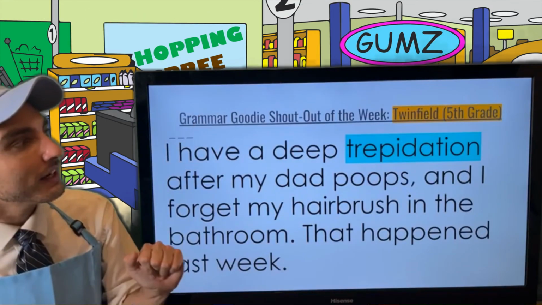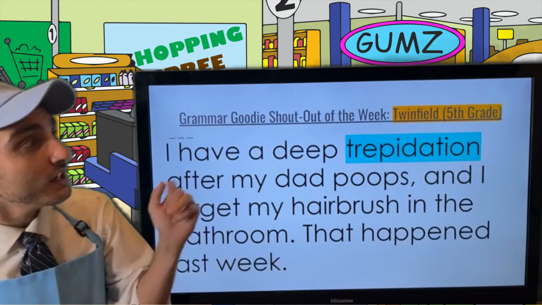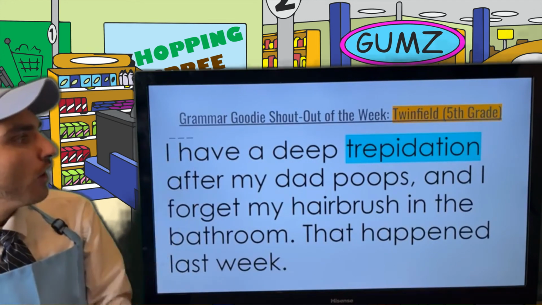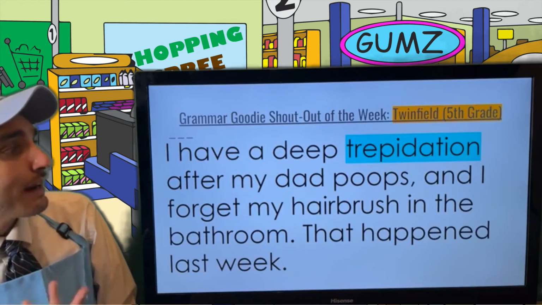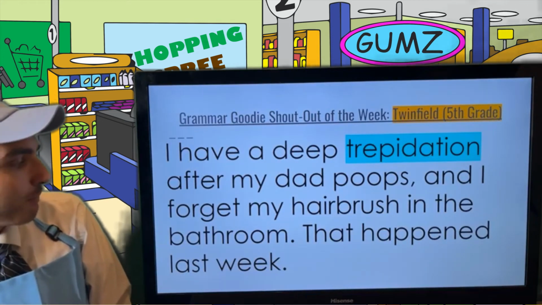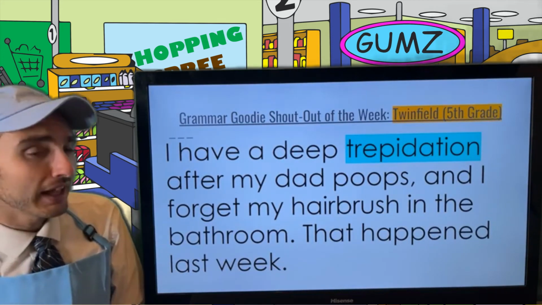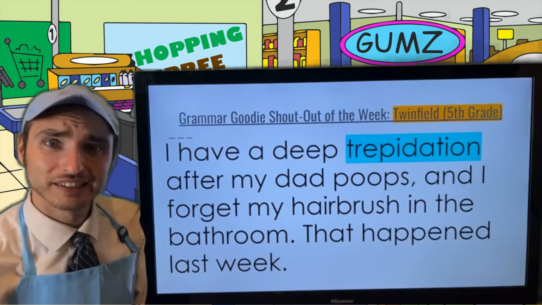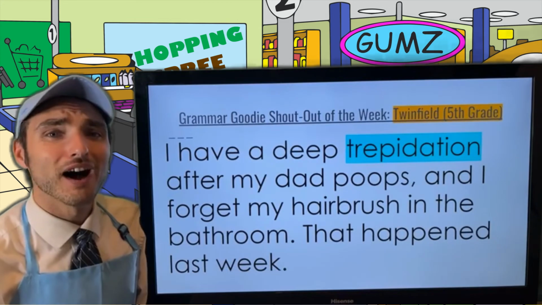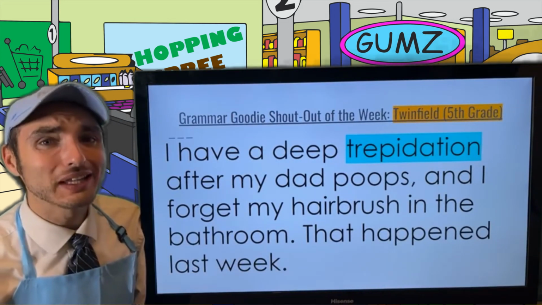The first example here is from the 5th grade at Twinfield. So, I have a deep trepidation after my dad poops and I forget my hairbrush in the bathroom. That happened last week. Happened to me too. And my father had chili beforehand.